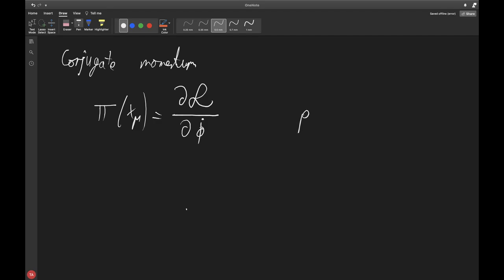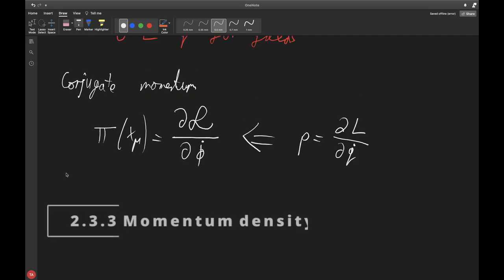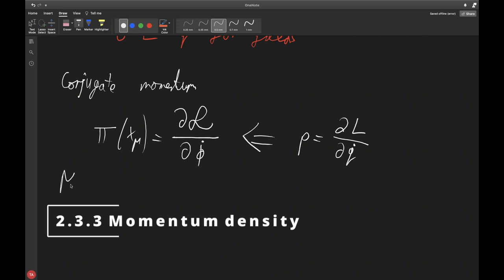Remember that earlier p was the derivative of the Lagrangian by q dot. So that's kind of the direction we go here. We can also define the momentum density, which is going to be useful for the future.